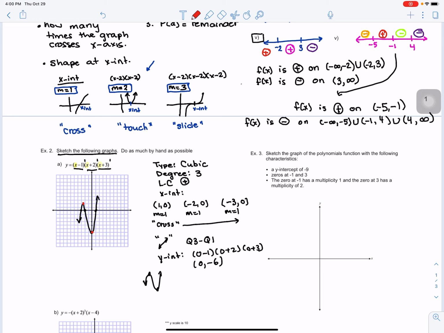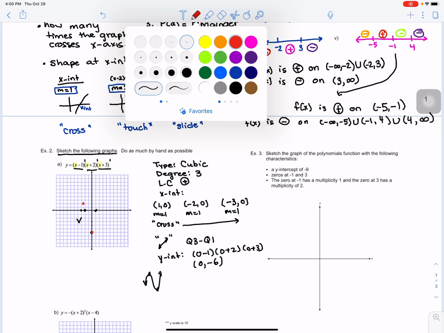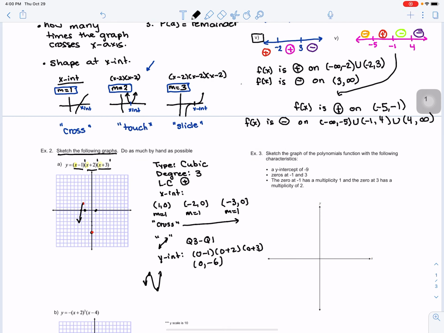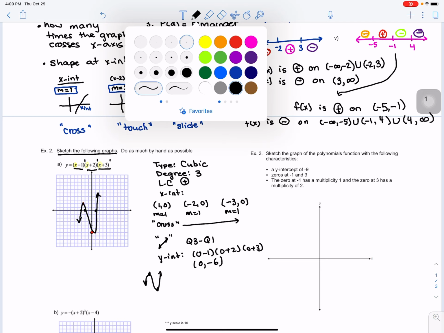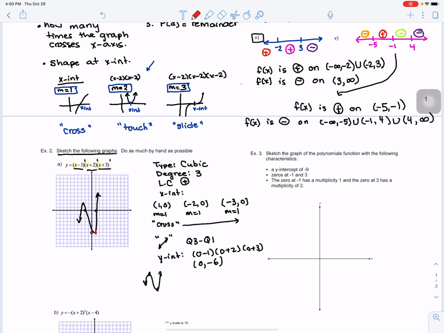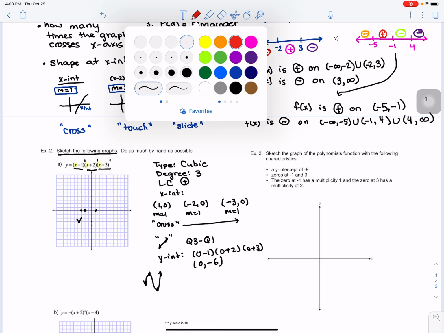I don't know if it's going to be on the y-axis or shifted over. I should be a little bit careful because when I'm drawing this graph, I shouldn't necessarily make my y-intercept the bump. The bump does not have to be at the y-intercept. The bump could be at that point. Whoops, I deleted it again. Let me just draw that in again.